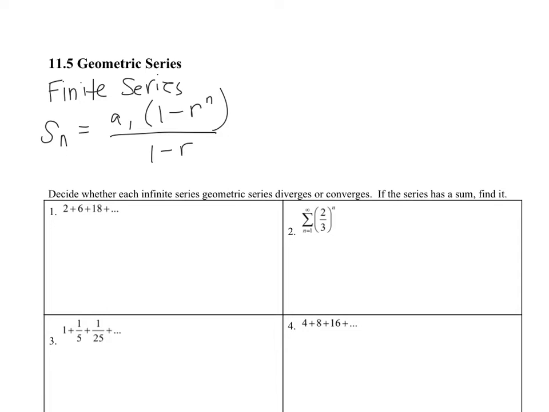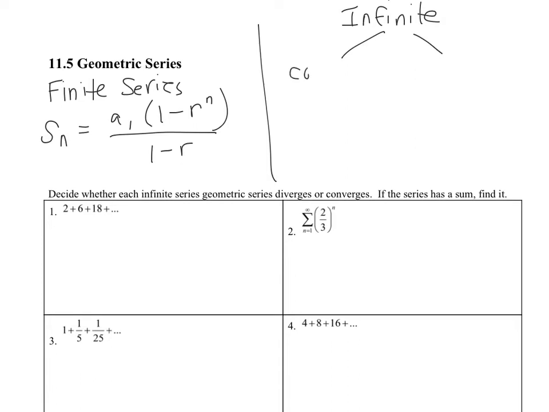Now you can also have an infinite geometric series. An infinite geometric series can either converge, which means the sum gets to an actual number, or diverge, which means it approaches no limit or it doesn't actually reach a number.